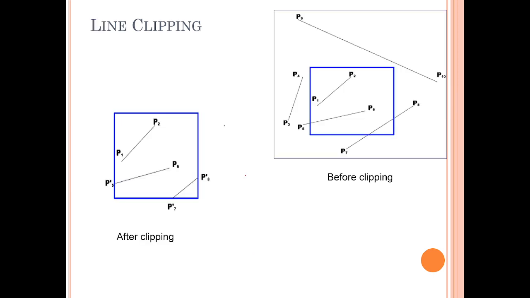So line clipping. These are the line clipping examples. See, P1, P2 is inside the window.